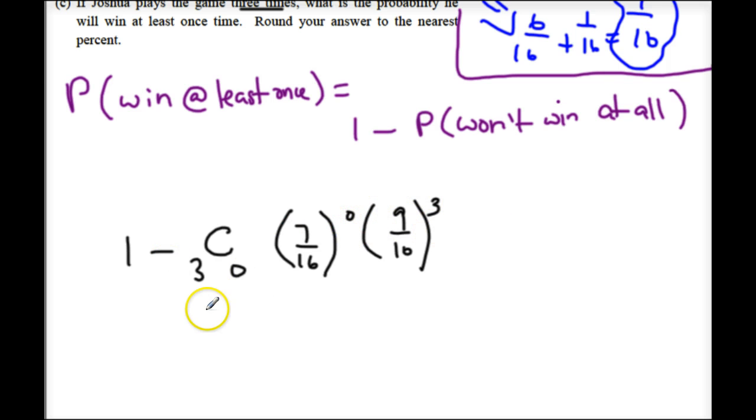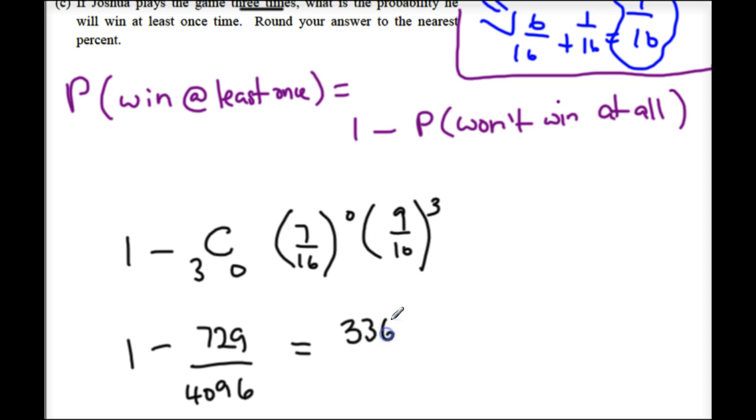Put all of this in your calculator, it ends up to be 1 take away 729 over 4096, which is going to give you, from your calculator, 3,367 over 4,096, which is equal to 0.8220.